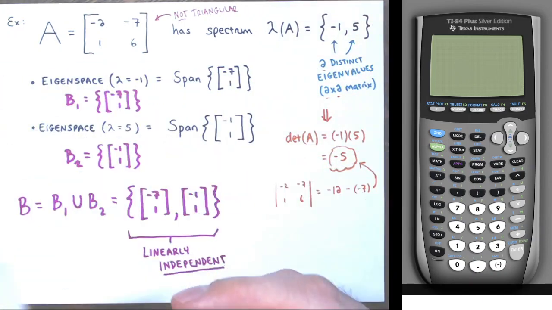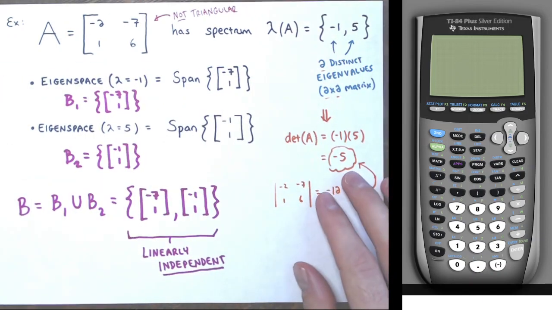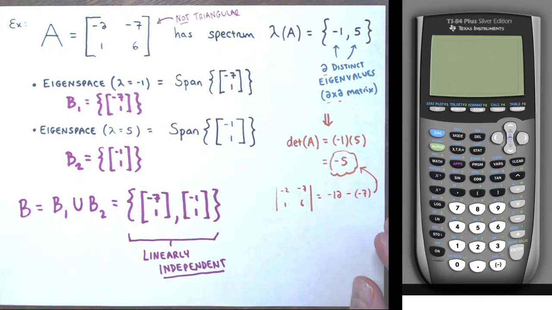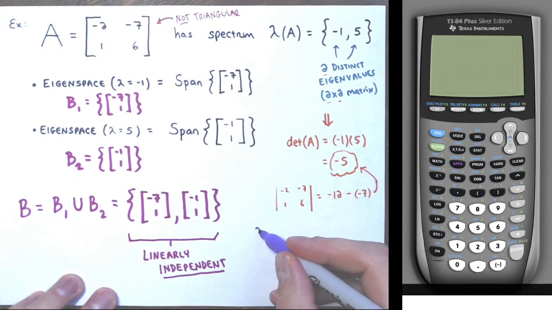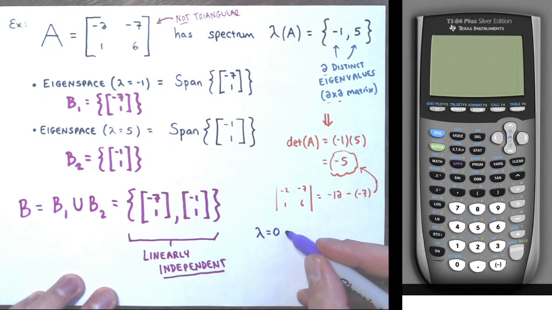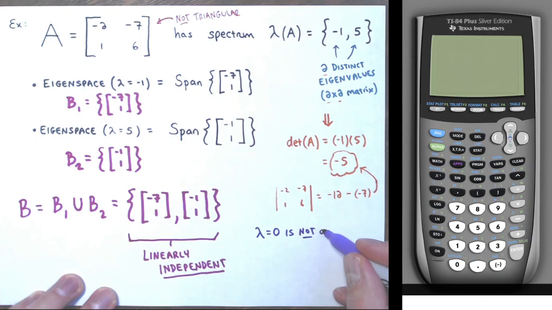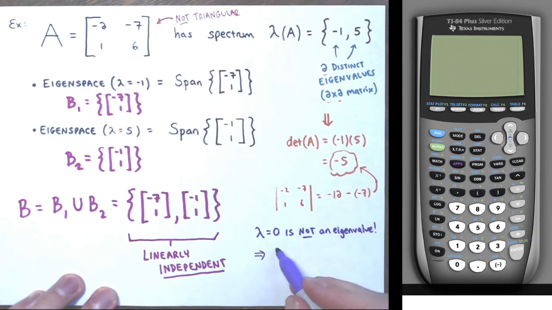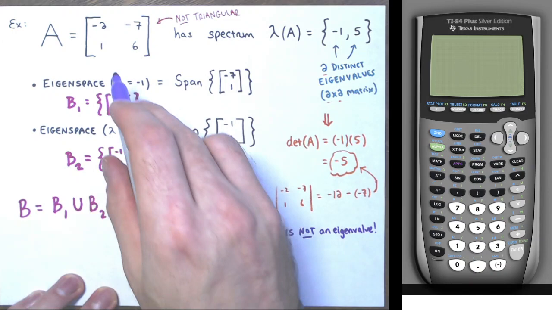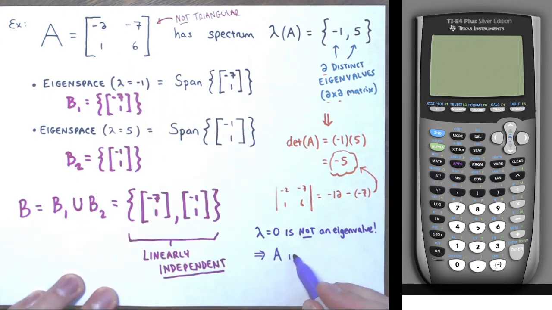So we look back at the spectrum, and I notice that 0 is not an eigenvalue. Therefore, this matrix A, this 2 by 2, is non-singular, or invertible.